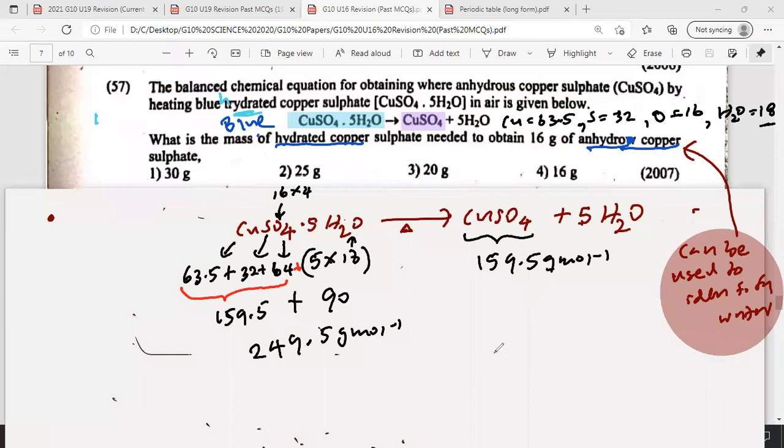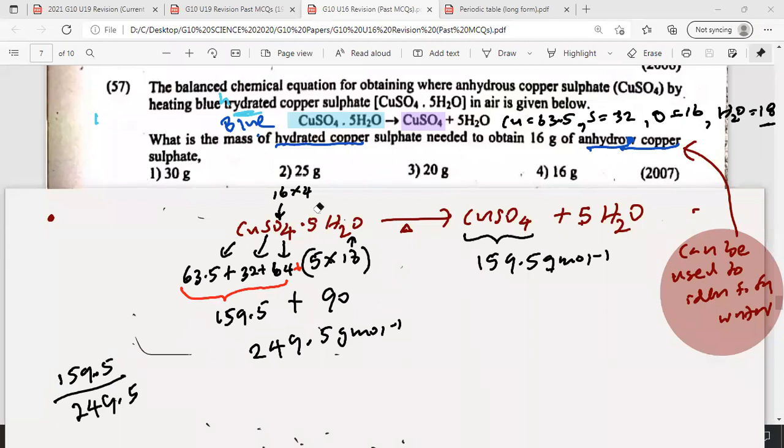Right, good. Now the question is this: to get 16 grams of anhydrous copper sulfate, what mass should be heated? That means to get 159.5, you need 249. From 249 you get 159.5.